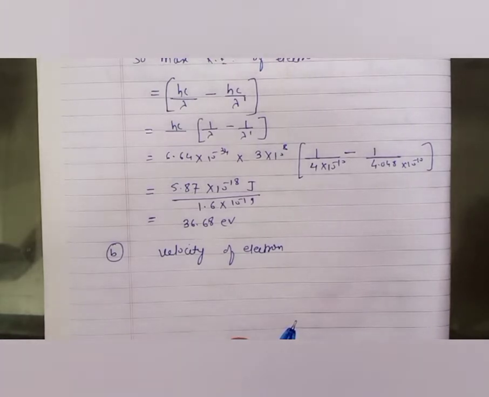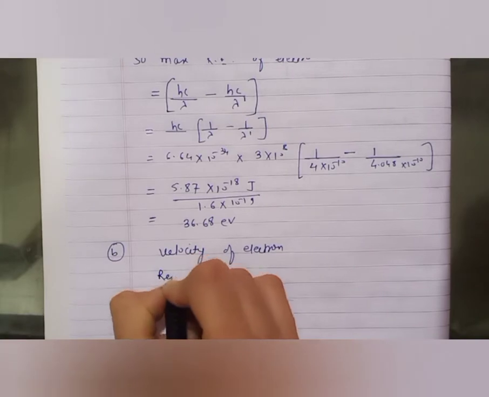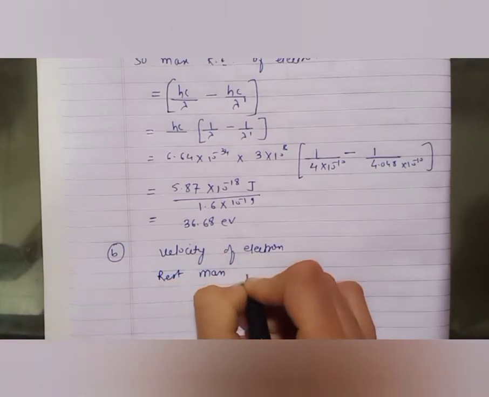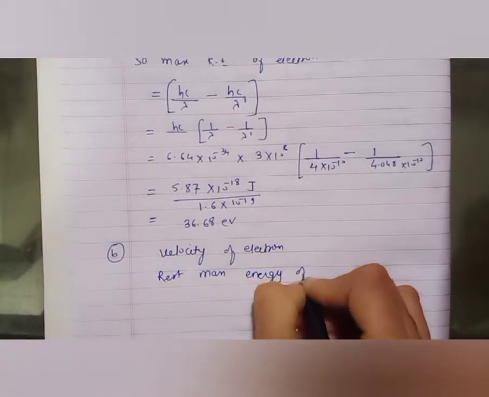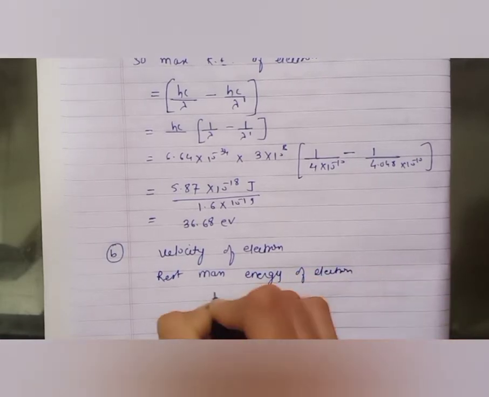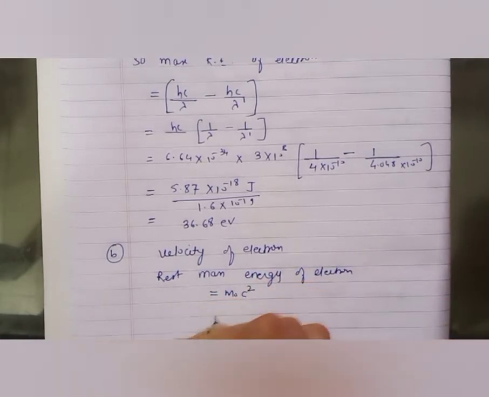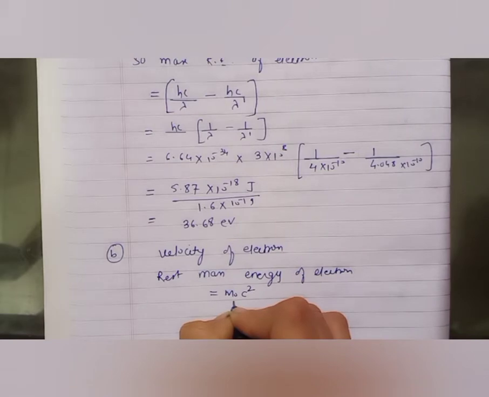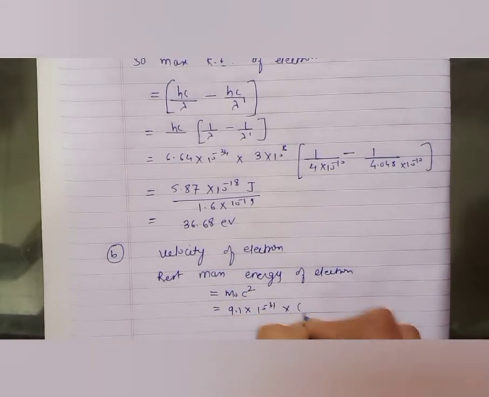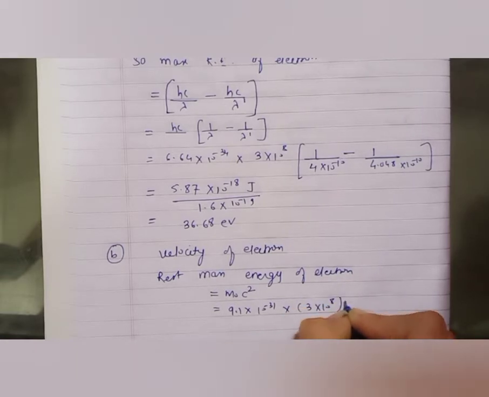How to know that? First, find the rest mass energy of the electron. It is given by m0 c square, where m0 is the mass of the electron, 9.1 into 10 raised to minus 31, and c is 3 into 10 raised to 8, squared.